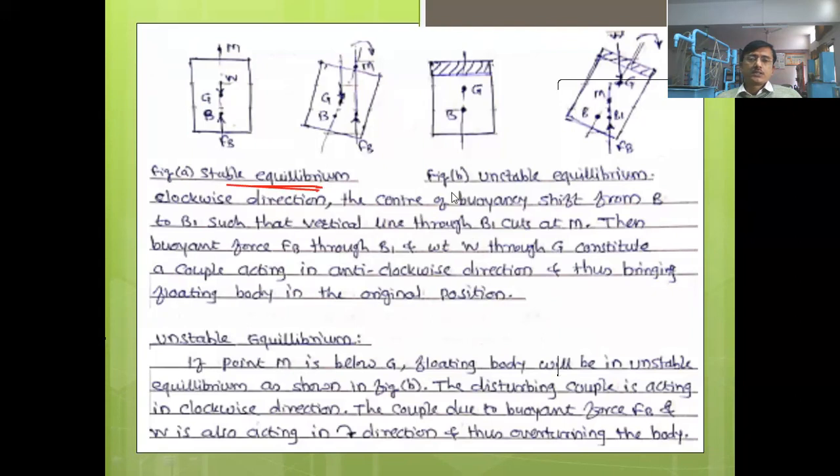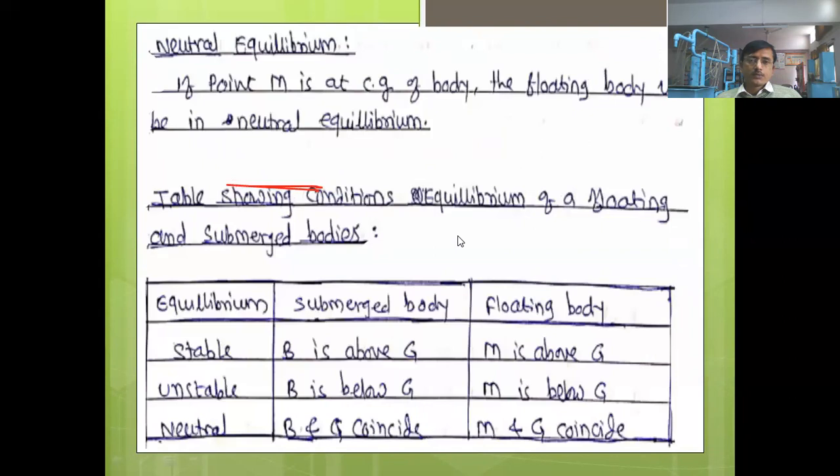Now, whatever we have studied in this lecture about the stability conditions of floating and submerged bodies can be tabulated in one table. They can be collectively written like this, so it will be more helpful while studying.